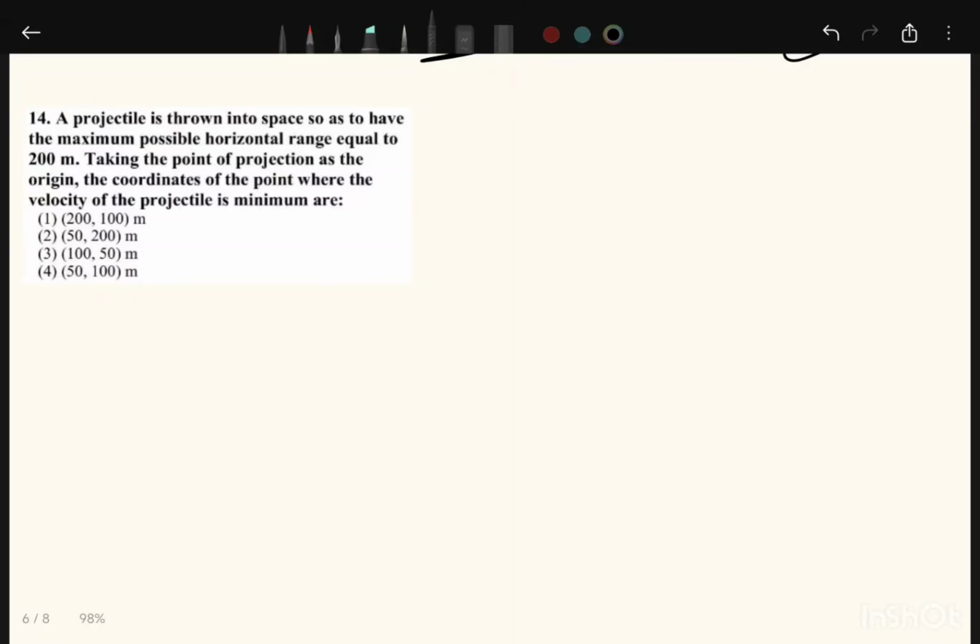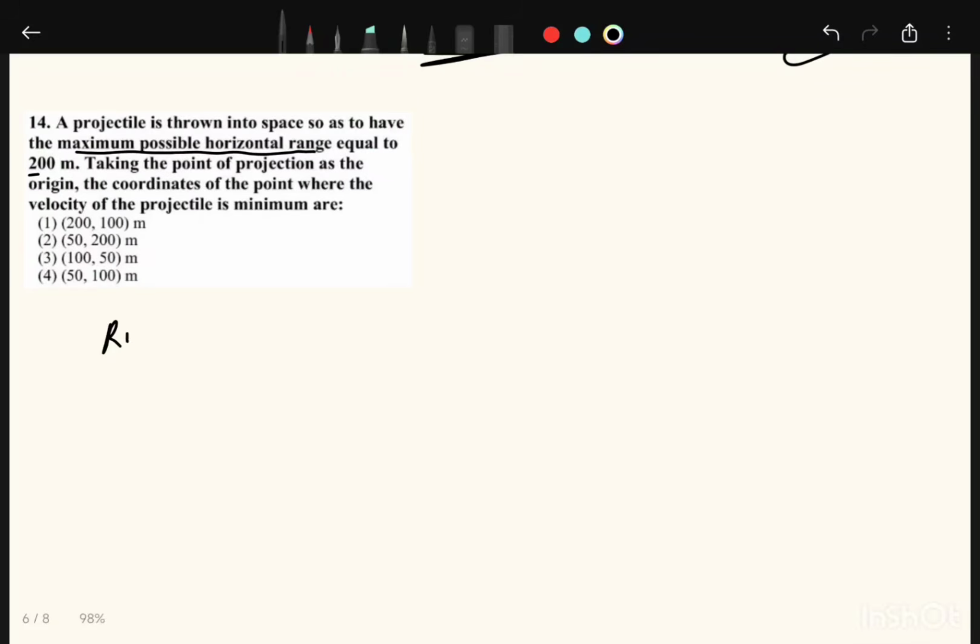So first of all, we are given the maximum possible horizontal range, that is equal to 200 meter. So we are given R max, that is 200 meter, and we know the maximum range is possible at theta equal to 45 degree.